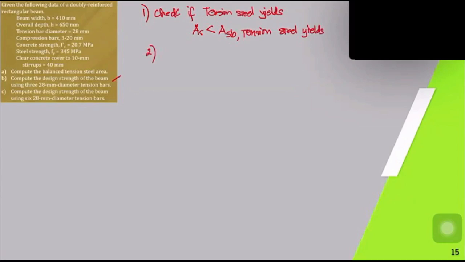Second, assume compression still yields. How do we do that? That is CC plus CS equals T. So we can solve for alpha, we can solve for C.